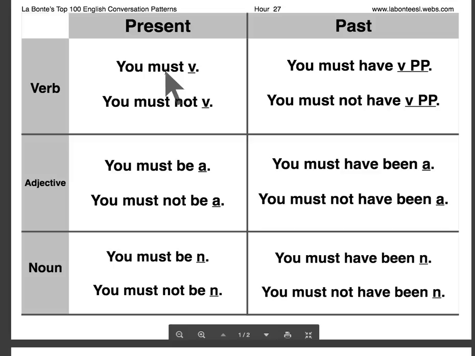So how is it used the rest of the time? Therein lies the beauty of this pattern. First, let me show you. It only has a present and a past tense. It can be used with the verbs, with an adjective, or with a noun, right?